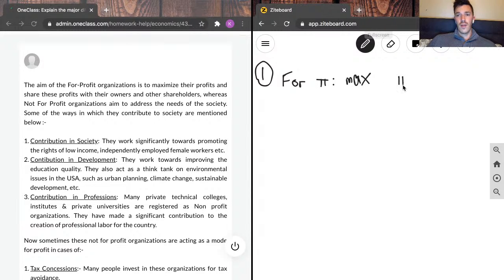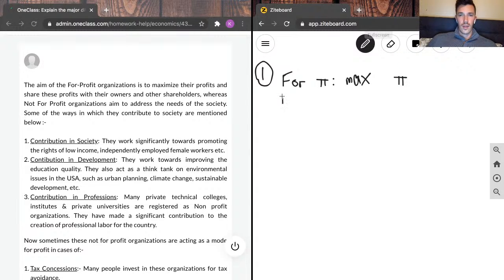And a lot of their objectives are going to be max profits, subject to, usually denoted ST, some constraint. These constraints are typically capital, denoted with a K, and labor, denoted with an L, although depending on the problem, there may be different inputs that act as constraints.